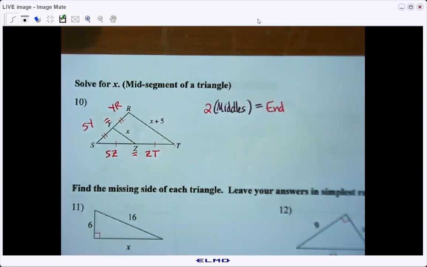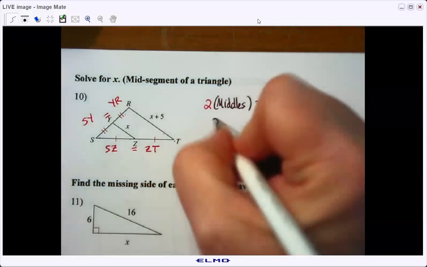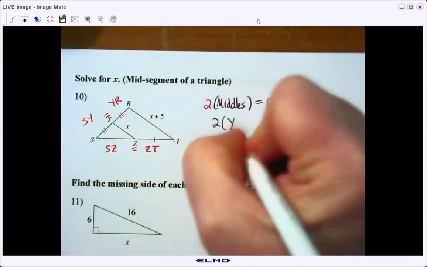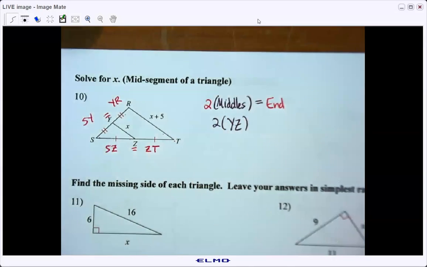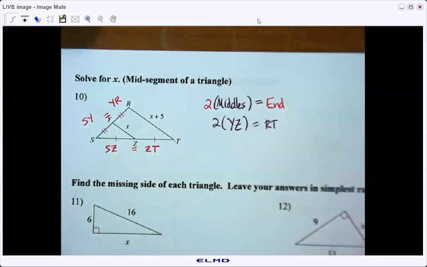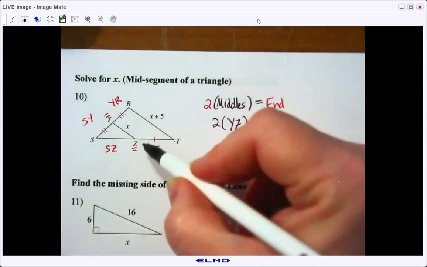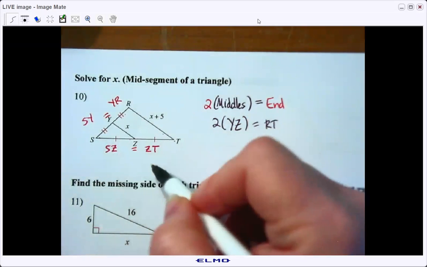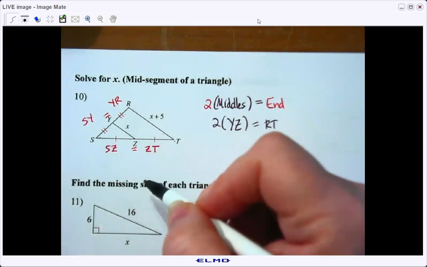In this case, it's going to take 2 times my YZ, which is the middle, to equal my RT. These are not equal to each other. Only the edges are going to be equal because they have tick marks.